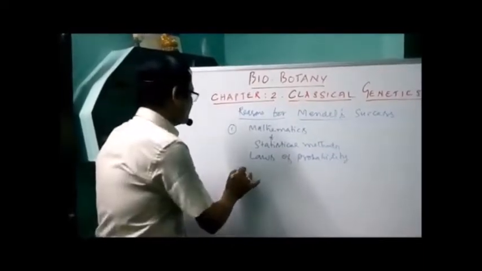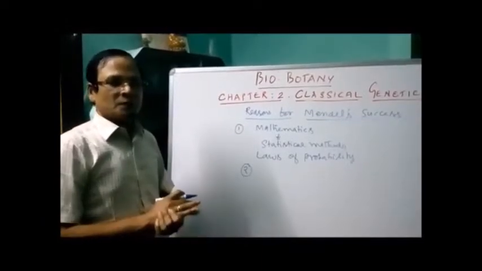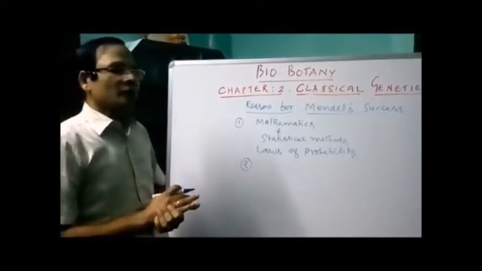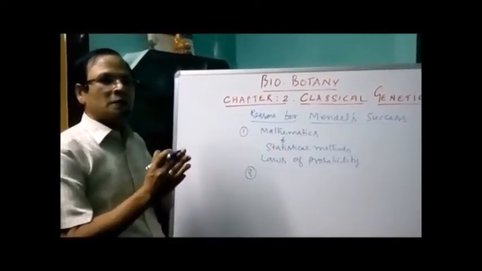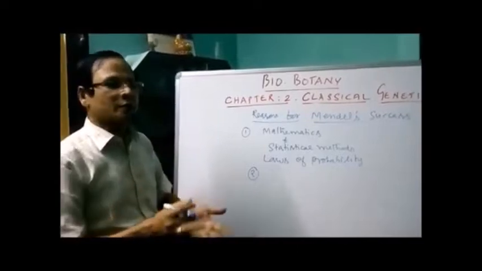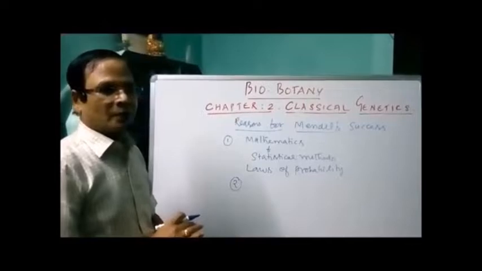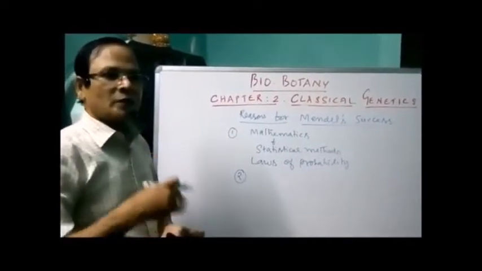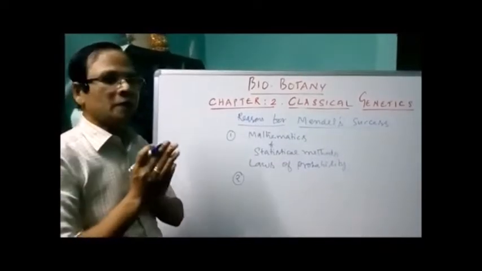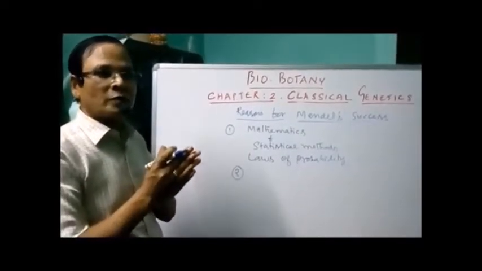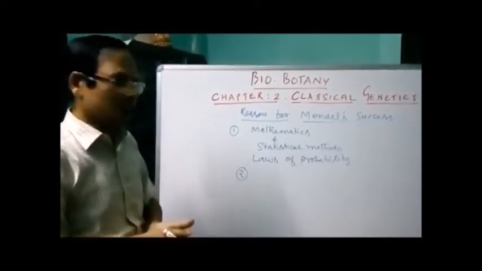The second one, he provided accurate data and detailed records that include the quantitative data of the outcome of his experiments. So he applied scientific methods and kept accurate data and detailed records of the outcome of his research work, that is, the hybridization experiments.